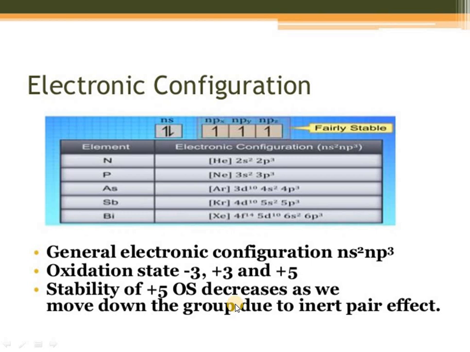This is the reason why the +5 oxidation state decreases as we move down the group due to inert pair effect. Whenever the question comes, you have to write 'due to inert pair effect', and then explain the inert pair effect. Please listen to the previous video on that, video number 4, basic concept of inorganic chemistry, if you want to understand more about inert pair effect.